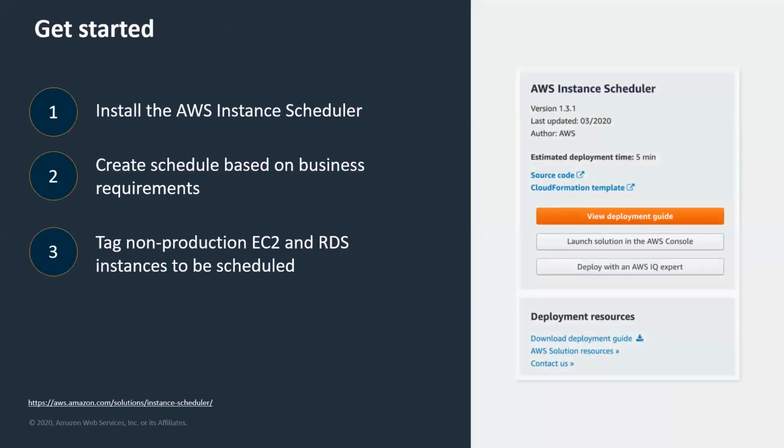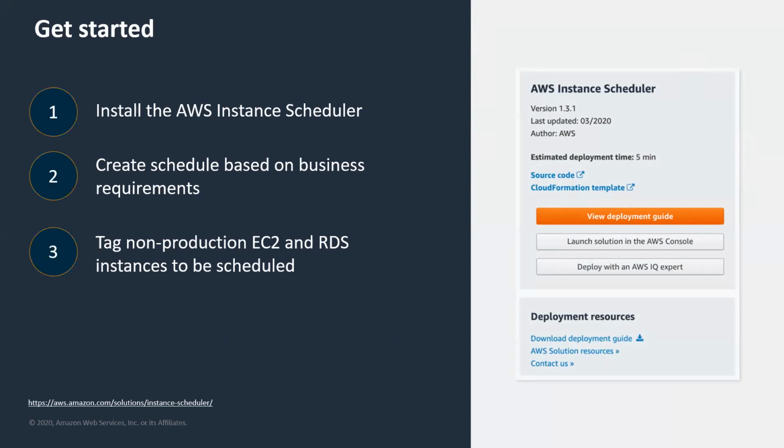And here is how to get started. First, you need to install AWS Instance Scheduler by downloading the CloudFormation template or by launching the solution into your AWS console via the link at the bottom of this slide. And we are going to share these slides after this session, so you get access to all these resources.